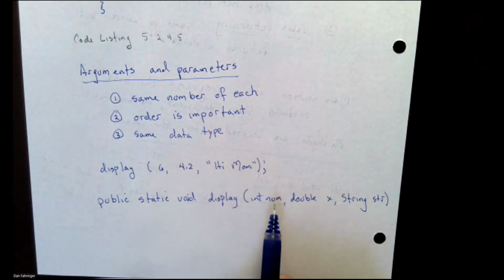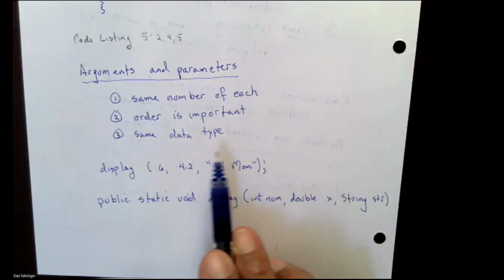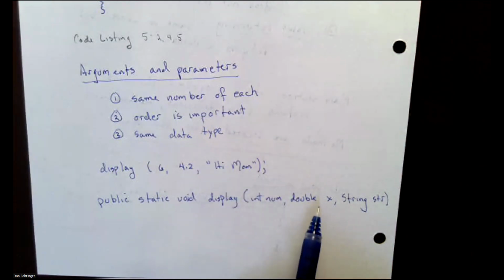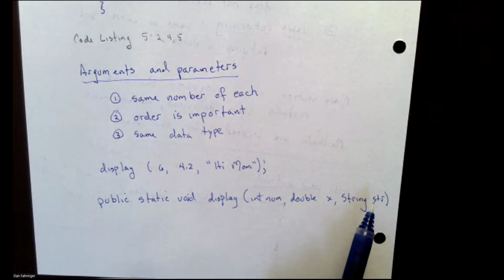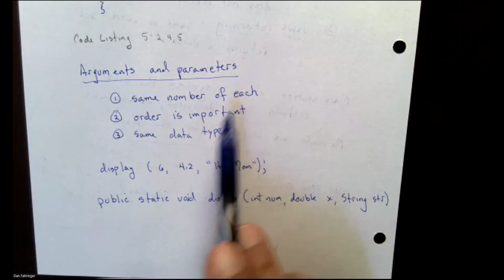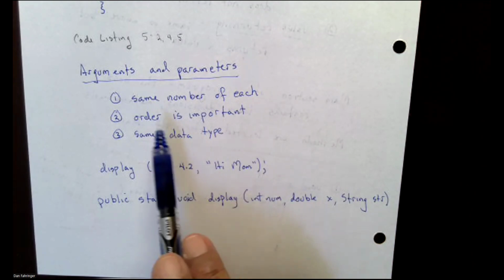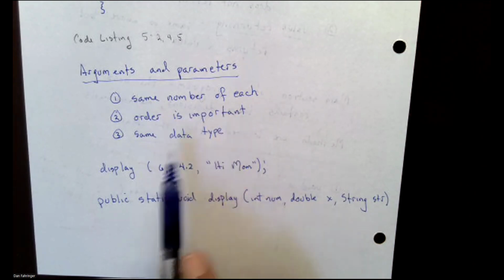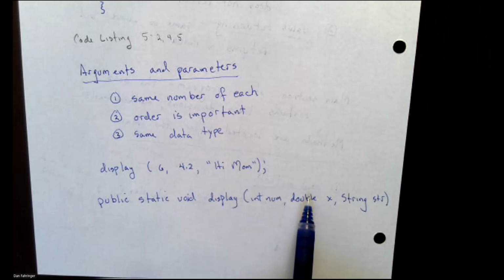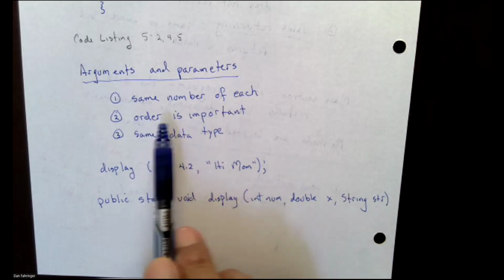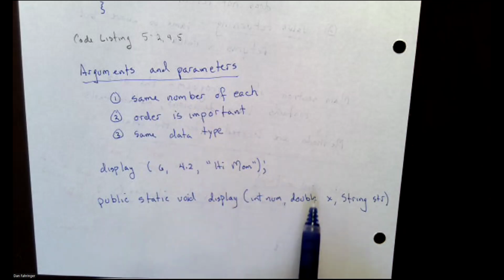The 6 is an int, goes to an int. This is a double, goes to the double. This is hi mom, a string. So I have to have the same number, 3 and 3. Order is important. I have to have the same data type. Int goes to int, double goes to double, right? And again, the order has to be int, double, string.